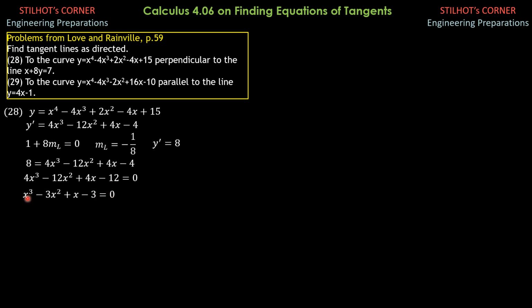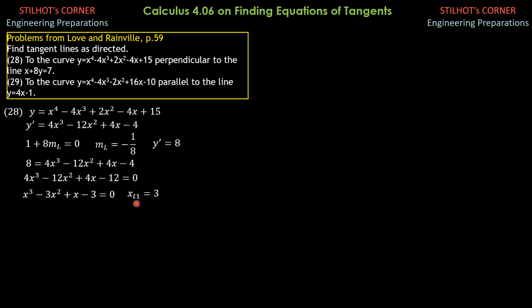So using your calculator that can find roots of cubic functions, in fact, it's also capable of finding roots of a quartic equation. There's only one real root, and that is 3. The other roots are imaginary roots, plus or minus i.